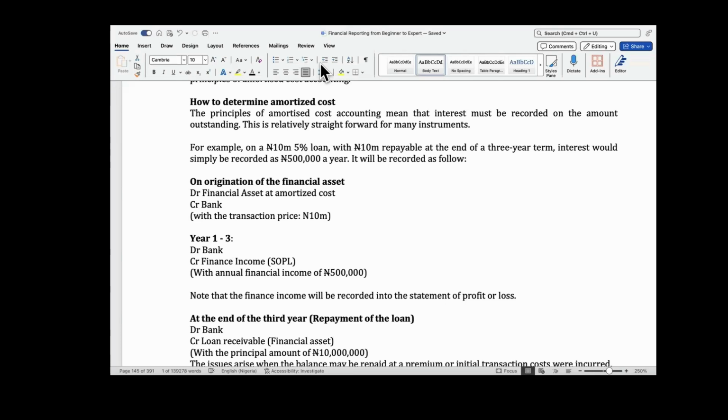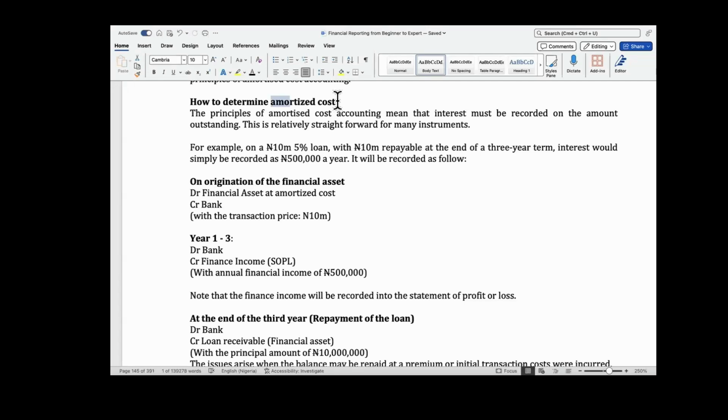If you are measuring at P&L, that change will go to P&L, whether a gain or a loss. If you're measuring at fair value through OCI, that gain or loss will go to OCI. Those ones are nothing new. So the new thing here is amortized cost.